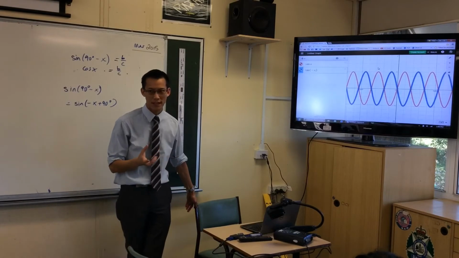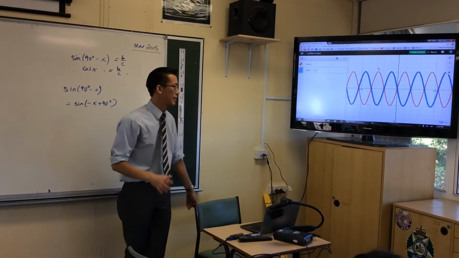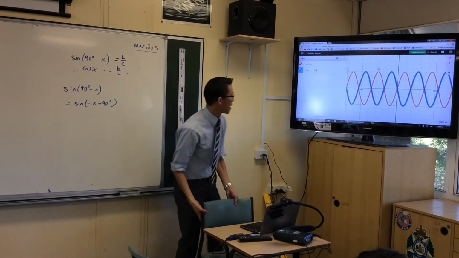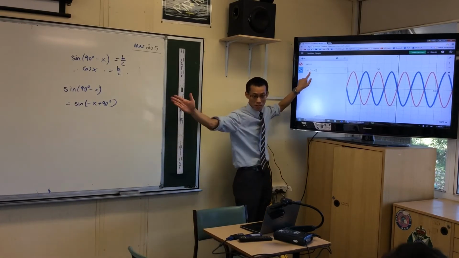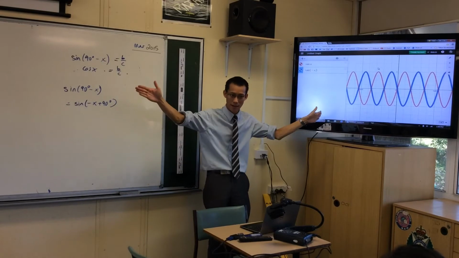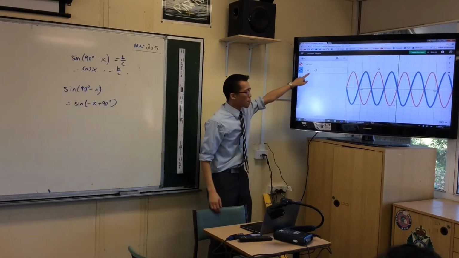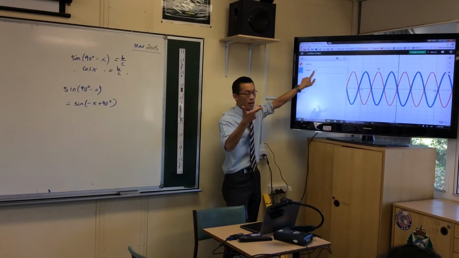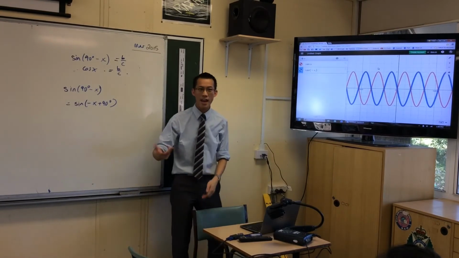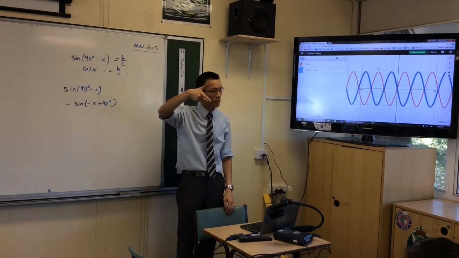A couple of different things look like they're happening, but really only one thing is happening. Sine of minus x, that minus there, minus signs, what they mean is opposite direction, plus and minus, okay? When you apply it to an x, that means flip horizontally. If you were to apply it to a y, it would mean flip vertically, okay?